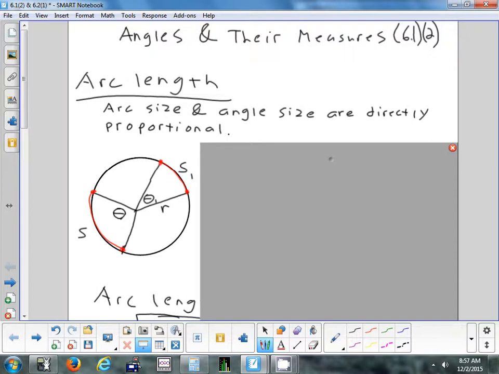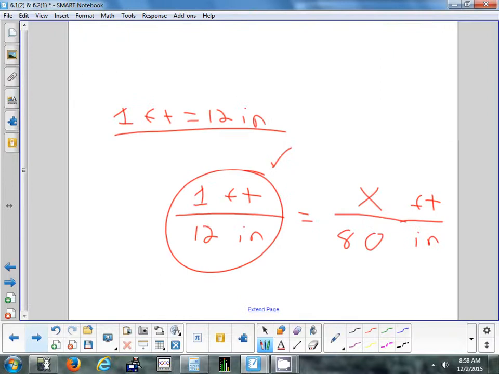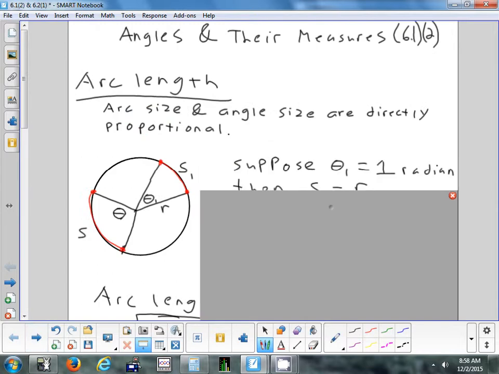There's our 1 foot, 12 inches. That's a fact we know, and we can use it to figure out other things. So suppose that theta 1 is 1 radian, then that means this arc, S1, is automatically the same size as the radius. Without that fact, that's like being without the 1 foot, 12 inches. We're stuck. We can't do anything.